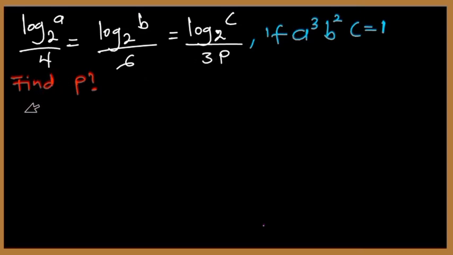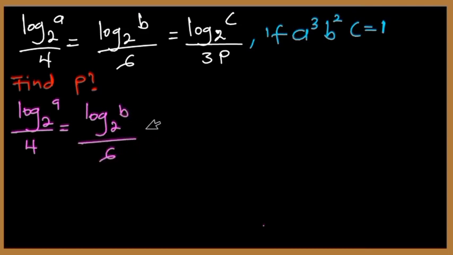So doing that, I'll have my log base 2 to the power a divided by 4 equals log base 2 to the power b divided by 6 equals log base 2 to the power c divided by 3p, all equals x.